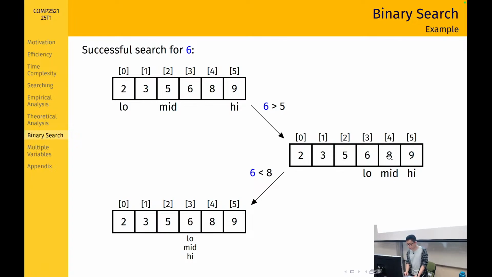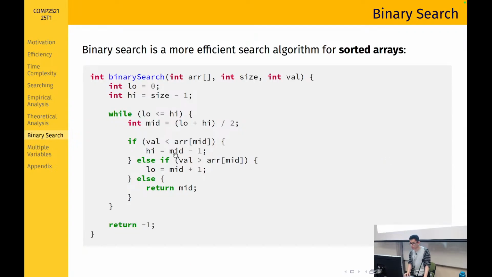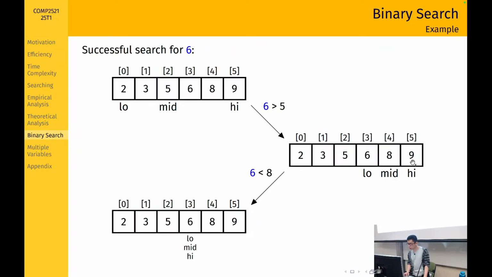So we check the value at this index, right? Since 6 is less than 8, the value we're looking for is now less than the middle value. We update high so that it's equal to mid minus 1, right? So now we update high to mid minus 1, which is 3.